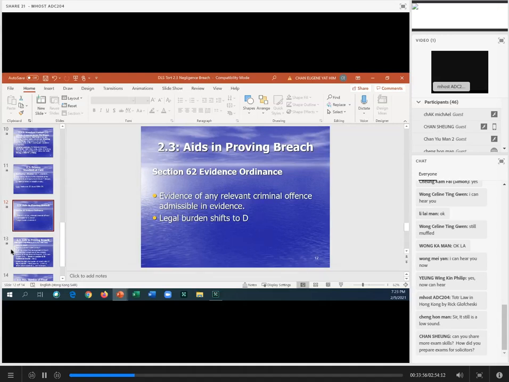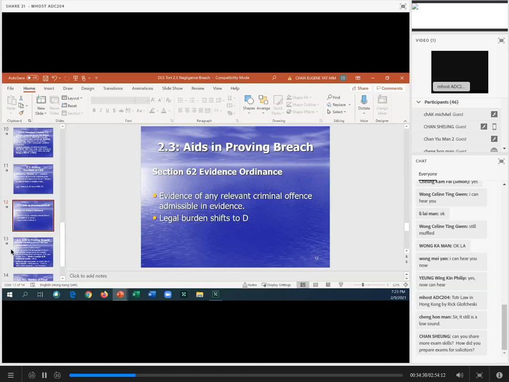So section 62 of the Evidence Ordinance is very, very useful if there is a relevant criminal conviction that the defendant is liable for. And not only that, the legal burden shifts to the defendant. Section 62(2) is the one that says that the legal burden shifts to the defendant. So must know, everybody, section 62 Evidence Ordinance, and I think you'll all agree with me, very, very useful evidence.